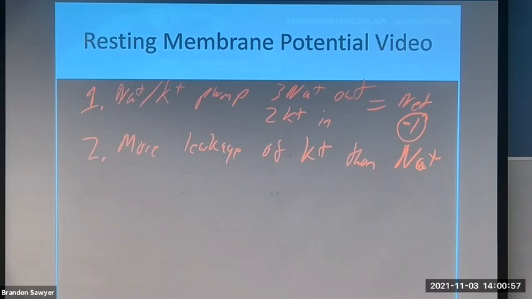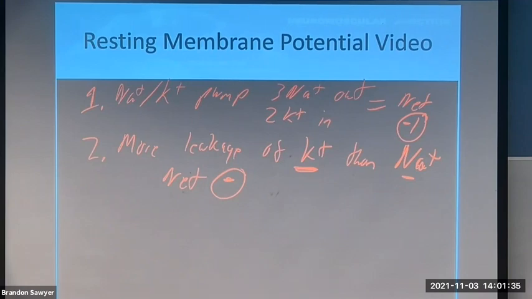There are special leak channels in cells that allow some sodium to leak and some potassium to leak, and there are way more potassium leak channels than sodium leak channels. So we're losing more of a positively charged ion out of the inside of the cell than we are gaining with sodium. If there's more leakage of potassium than sodium, this is also a net negative on the cell's electrical charge, because we're losing more positive than we are gaining.